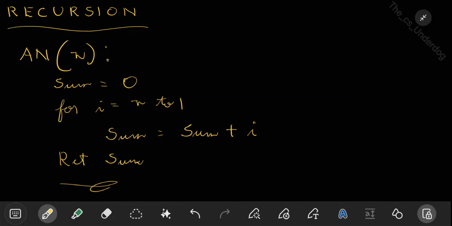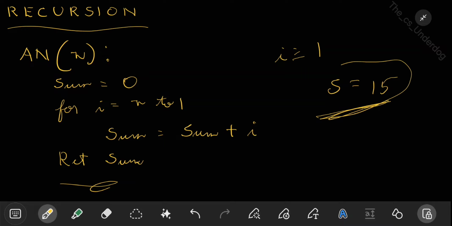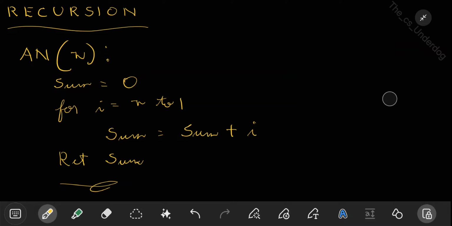Initially sum will be 0, and when i is 5 to begin with, sum will be 5, then i will be 4, so 5 plus 4 is 9. After that i is 3, so 9 plus 3 is 12. Then i equal to 2, so 12 plus 2 is 14. Then i equal to 1. This is the base case. When i equal to 1 is reached, sum is 14 plus 1, which is 15. So this is how you find the sum of the first 5 natural numbers.